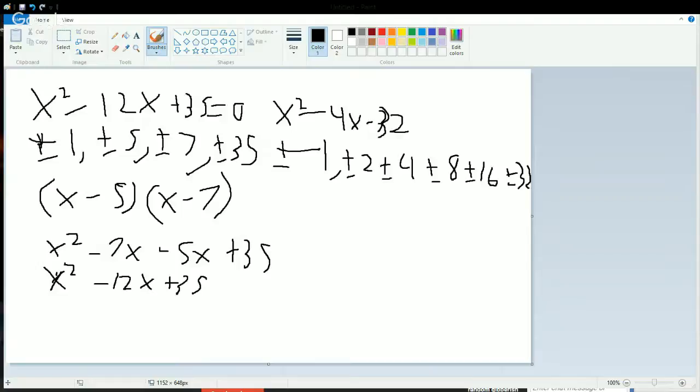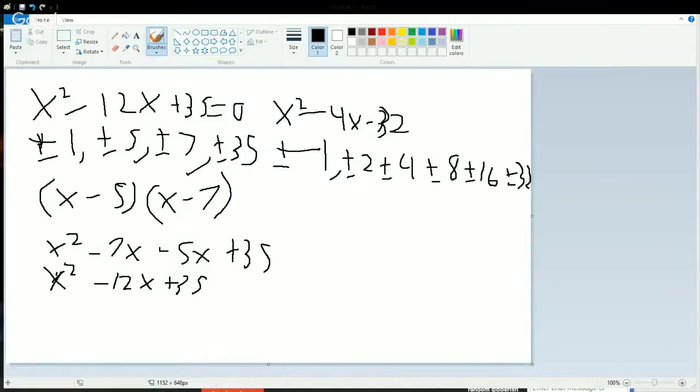So I'm just punching these until I find one that works. Negative 4 squared, 16, minus 4 times negative 4.